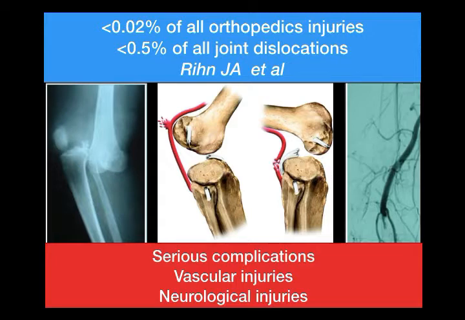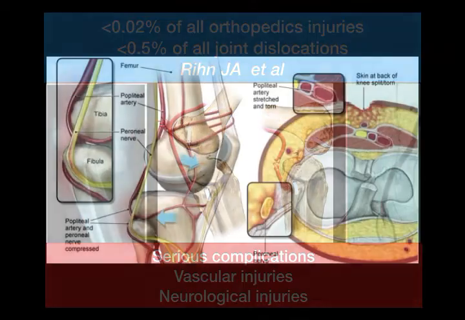Once we have a case of knee dislocation, we must rule out the serious complications which may be life or limb threatening, like vascular injuries and neurological injuries. These epidemiological data may be underestimated, as they do not include the functional dislocations, that is, spontaneously reduced knee dislocations, which make up a pretty large amount of knee dislocations.